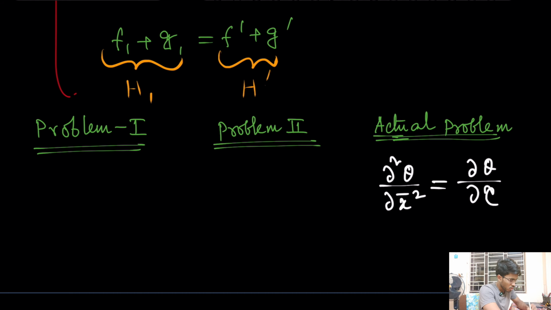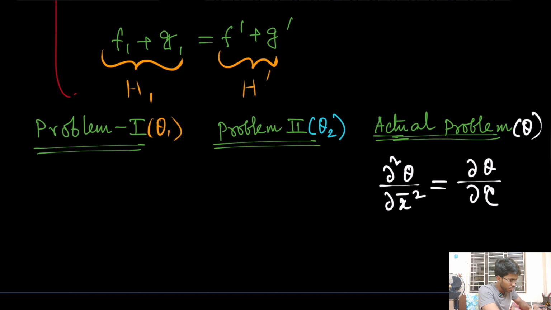my solution of problem 2 is theta, okay, and my solution of problem 1 is, so let me take some other color, maybe yellow. This is theta 1 and this is theta 2, okay. So this is theta 2 and my actual problem is having the variable theta, okay.